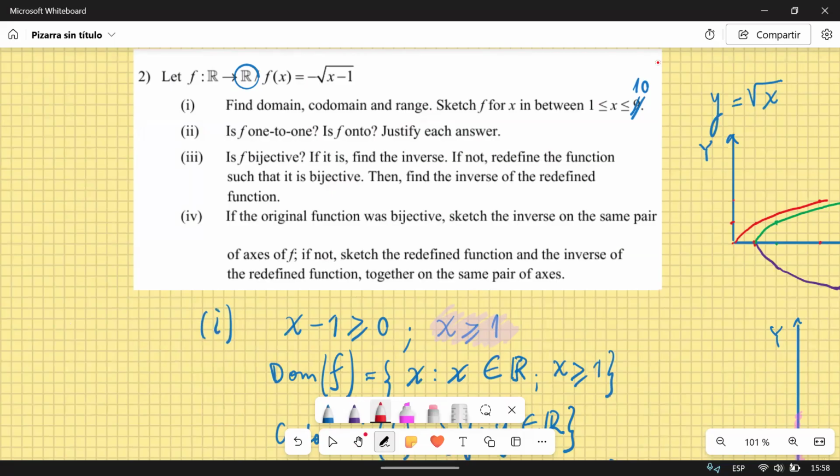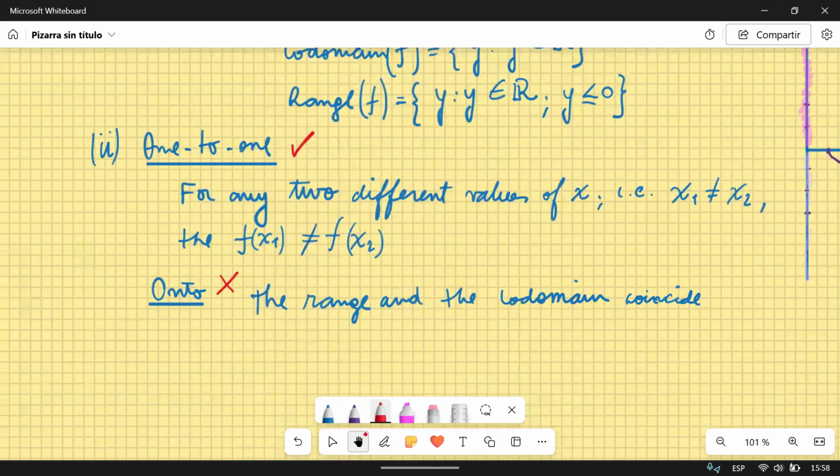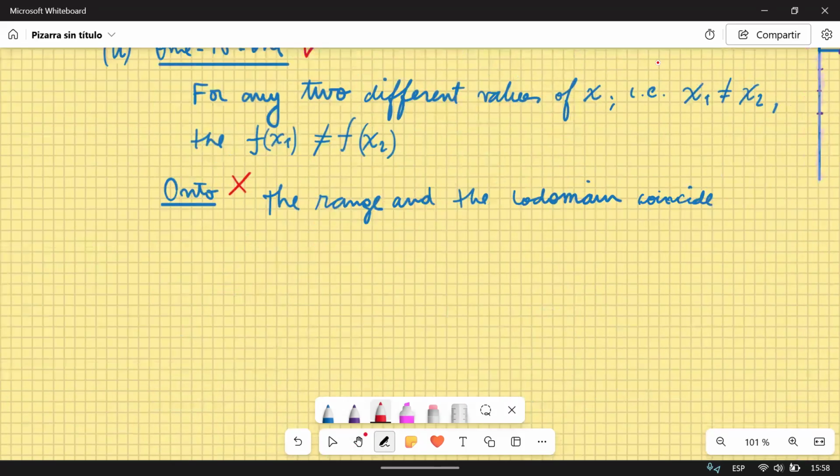If not, redefine the function such that it is bijective. Then find the inverse of the redefined function. So now I will redefine the function. So as f is not onto, it is not invertible. The idea is to redefine it to find the inverse.